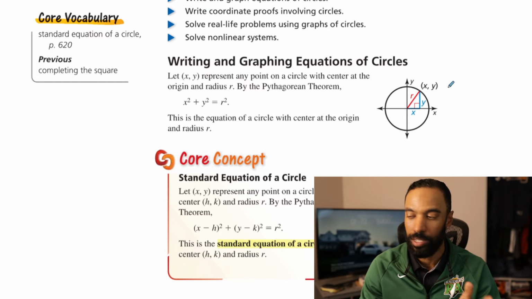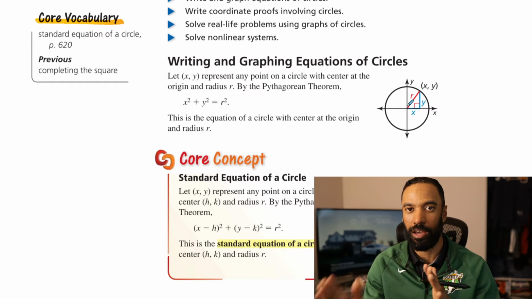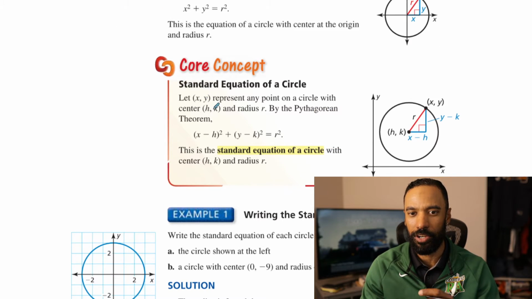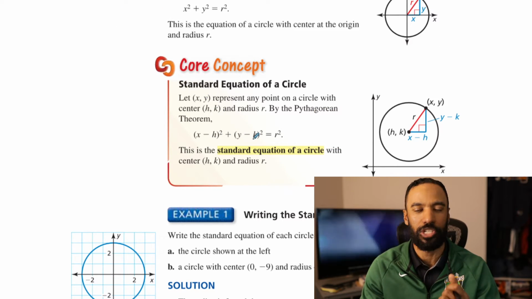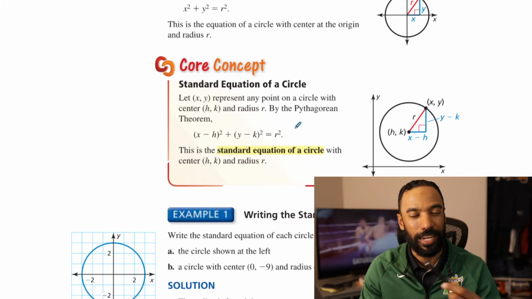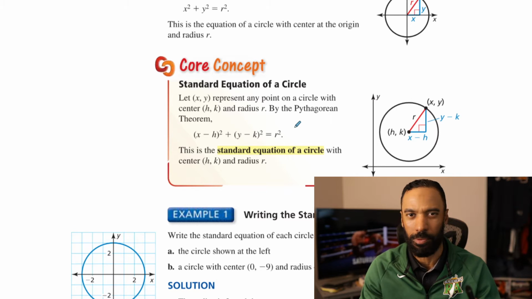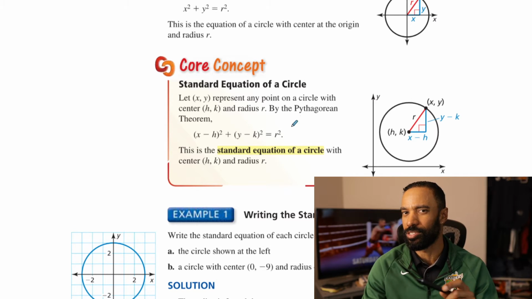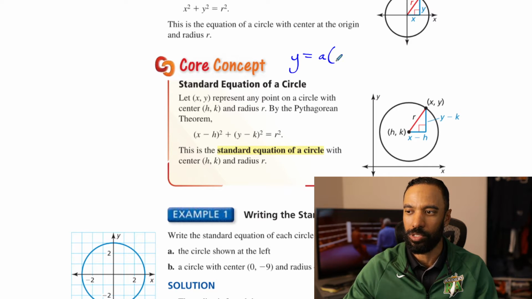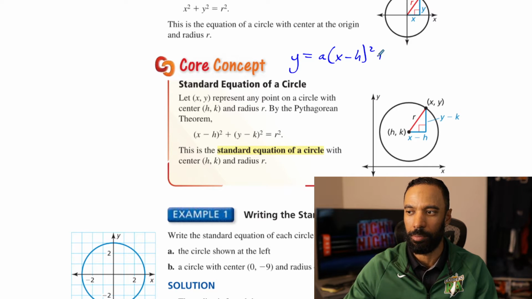It's more basic because there is no displacement of the center anywhere, that it's going to be as basic looking as that. But here's the standard equation of a circle. You get this h and k involved. We've seen h and k before with parabolas. I forget in IM2 what other kinds of equations you did them with, but h, k definitely with parabolas. The y equals, we've seen this, and I'm going to bring this up. y equals a times x minus h quantity squared plus k.